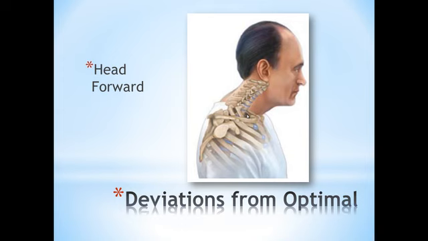So I have an extended OA joint with flexed lower cervical joints, increasing the load on the nucleus pulposus through the discs in the cervical spine, and maintaining chronic tension through the muscles of the cervical extensors, creating potentially ischemia, pain, and fatigue. Those are all things that can occur as a result of this forward head posture.